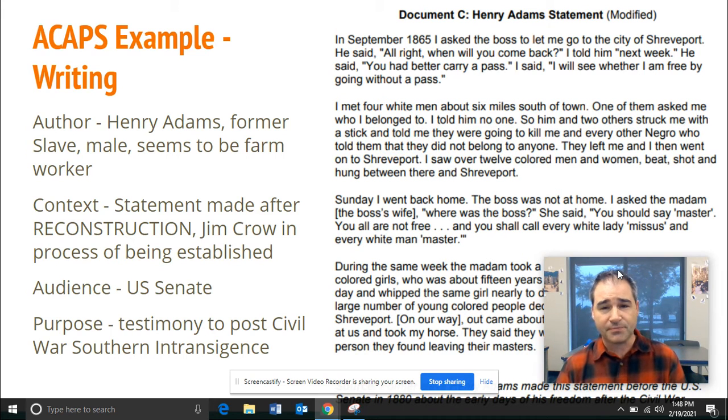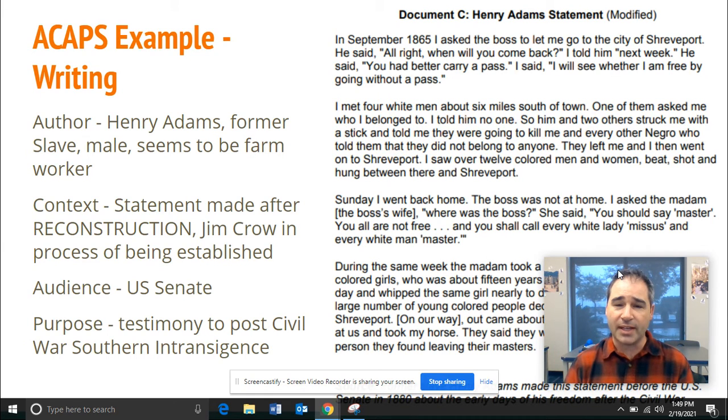For context, we can think of context in a couple of different ways. We can think about Henry Adams in the context of his statement. What is he saying? Well, he's talking about September of 1865. That would put it at the beginning of Reconstruction, before the federal government has decided to step in and protect the freedmen, the newly emancipated Black population in the South.